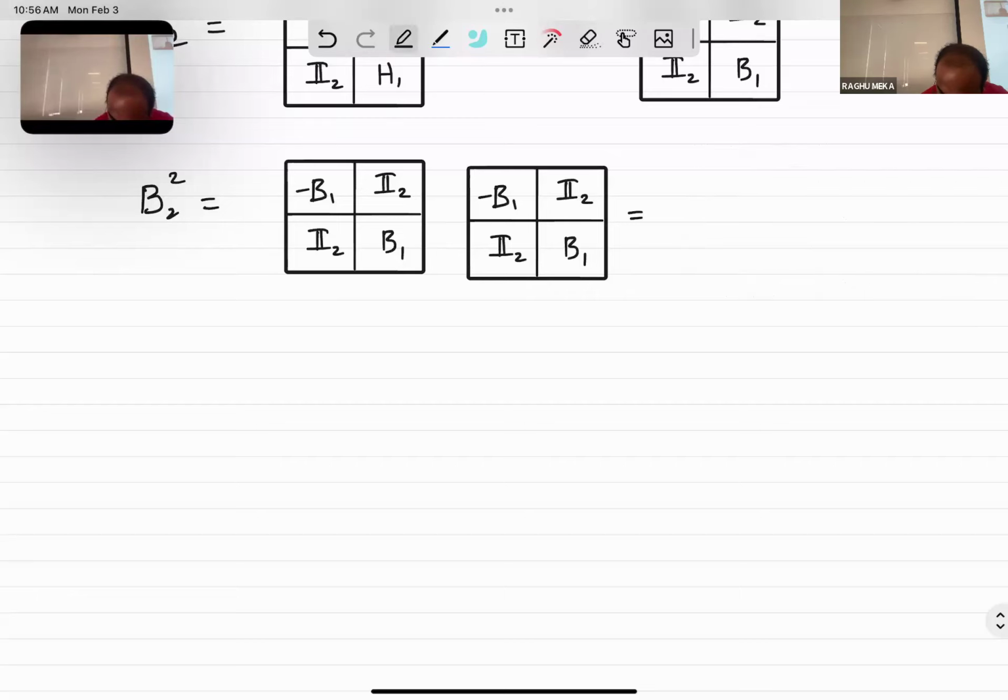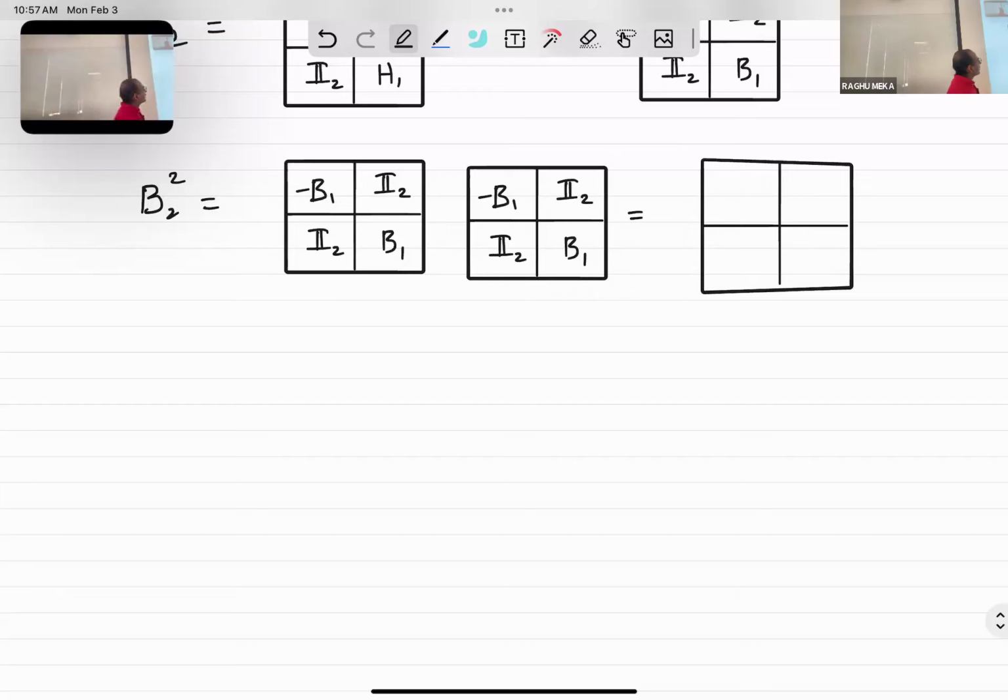Let me draw it a little bigger. So when I multiply block diagonals, I get B1 squared plus I2. So this block is B1 squared plus I2.